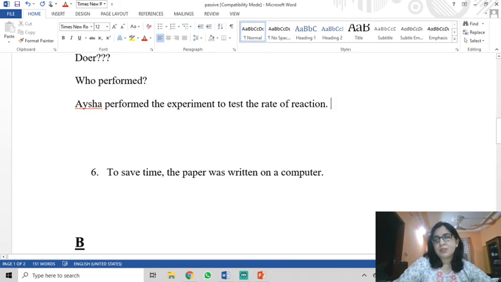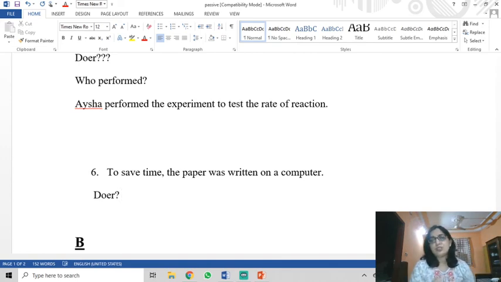To save time, the paper was written on a computer. Now over here again, you have to restructure it. The paper, you don't know who is the doer. Who has written the paper on computer? Did I or you? So computer was used by who? So you don't know the doer over here again.